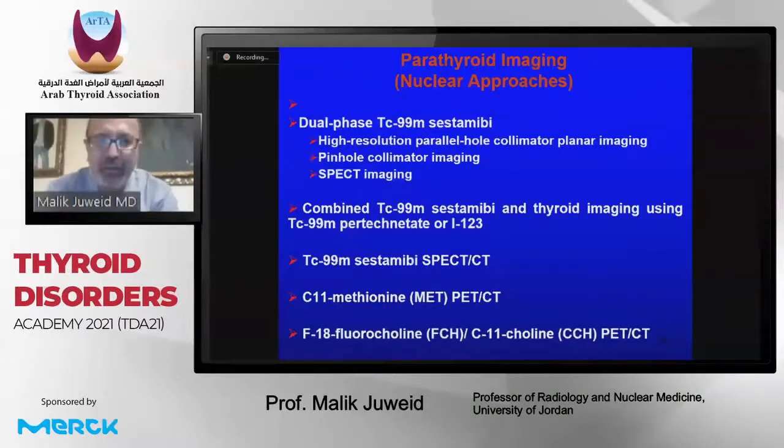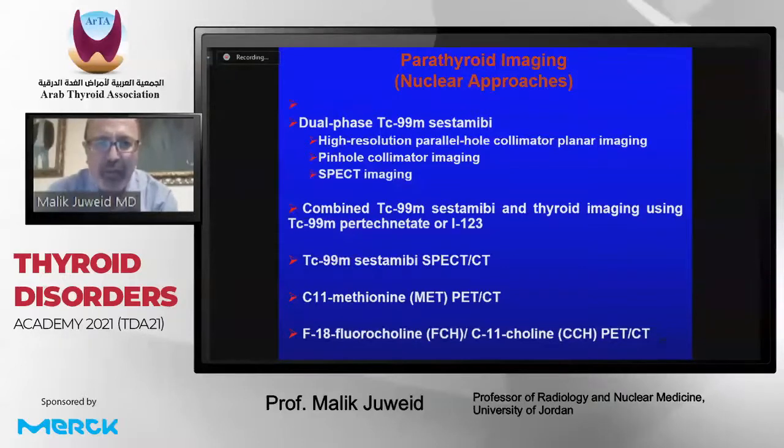So let me move to parathyroid imaging. Again, I'm going to be focusing on nuclear approaches, and it looks like there are many. These are dual phase technetium-99m sestamibi, by far the most widely used radiotracer in parathyroid imaging. You can do planar imaging, meaning non-tomographic imaging, with a high resolution parallel hole collimator, the regular way of imaging.